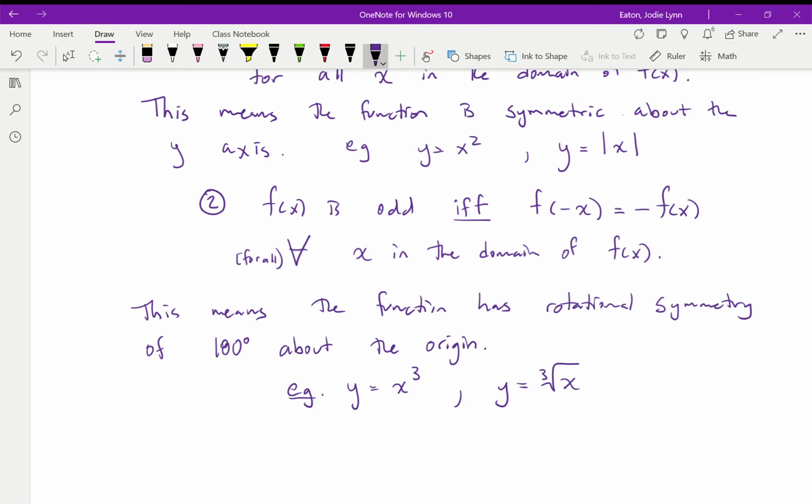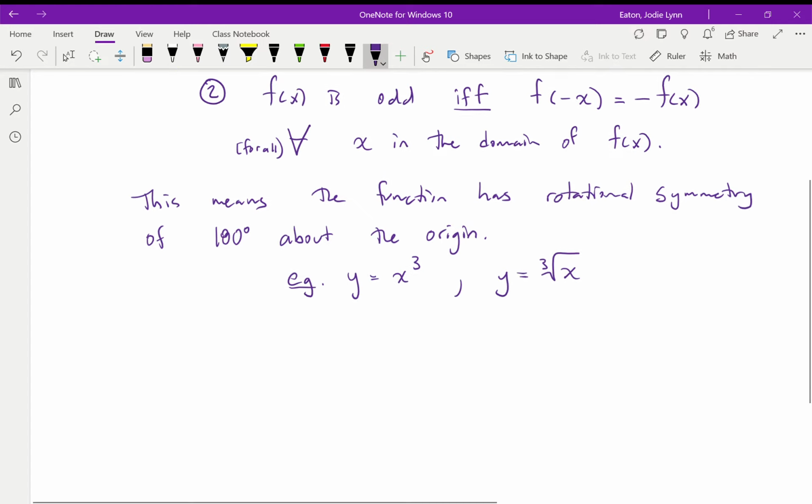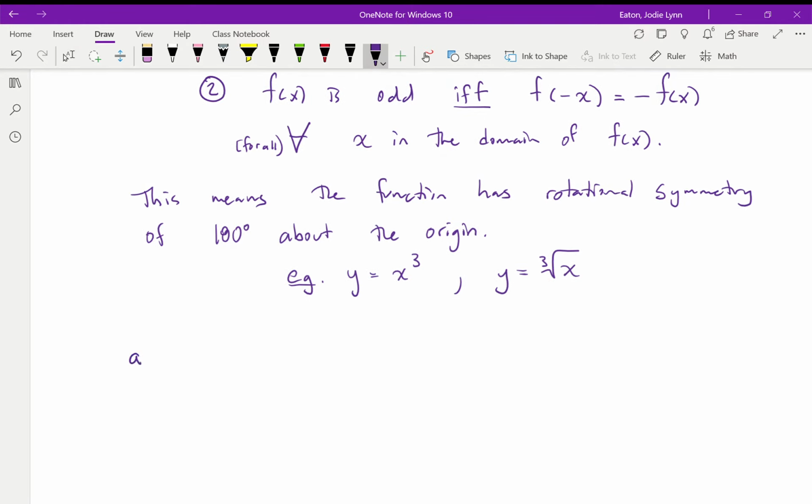Okay, so if we look at a couple of graphs, we can generally tell pretty quickly from looking at a graph if the function is odd or even. So let's say we have a nice little Pac-Man ghost of a function. And it is symmetric about the y-axis.